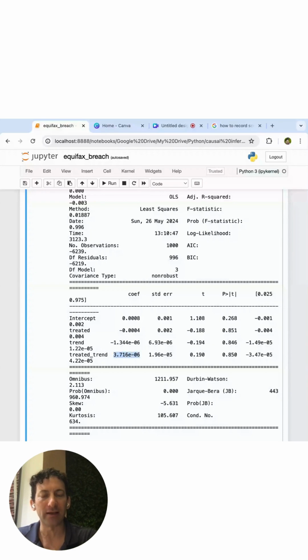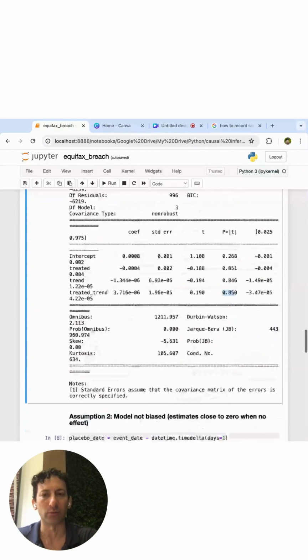You can see that there's effectively a zero difference in trend, and the p-value is 0.85, not even close to statistically significant. This is really good for a difference in difference in that in the pre-period, we have no evidence that there's any difference in trend, and so no reason to believe that it would change afterwards.